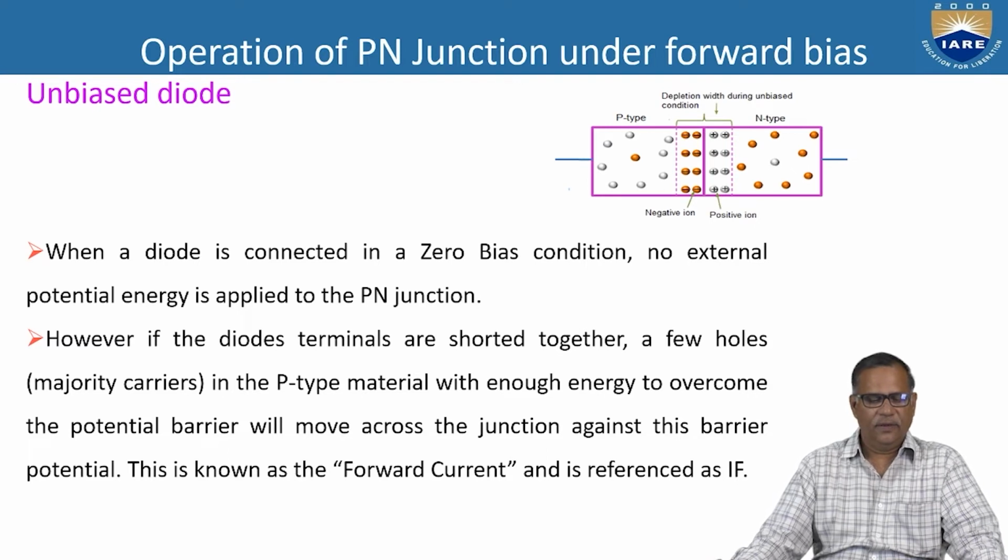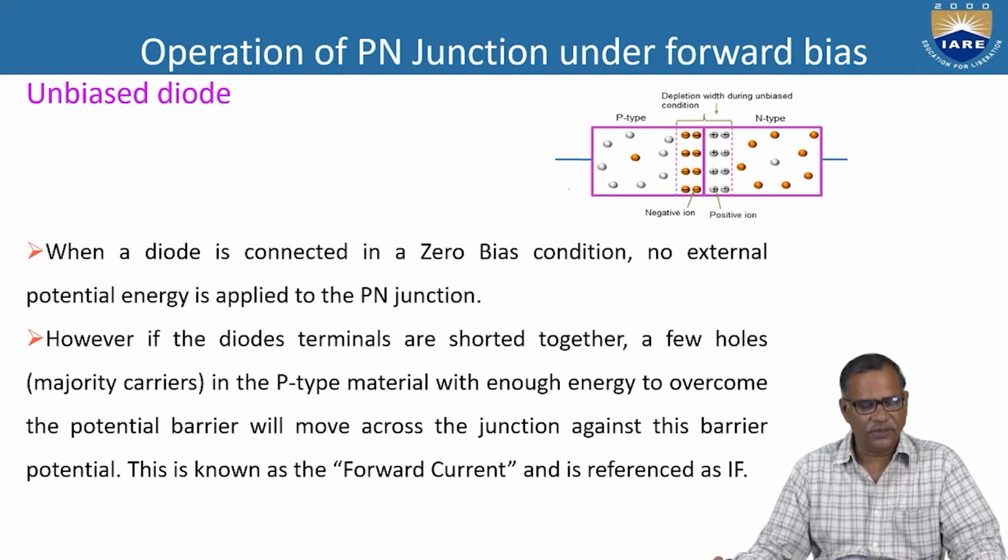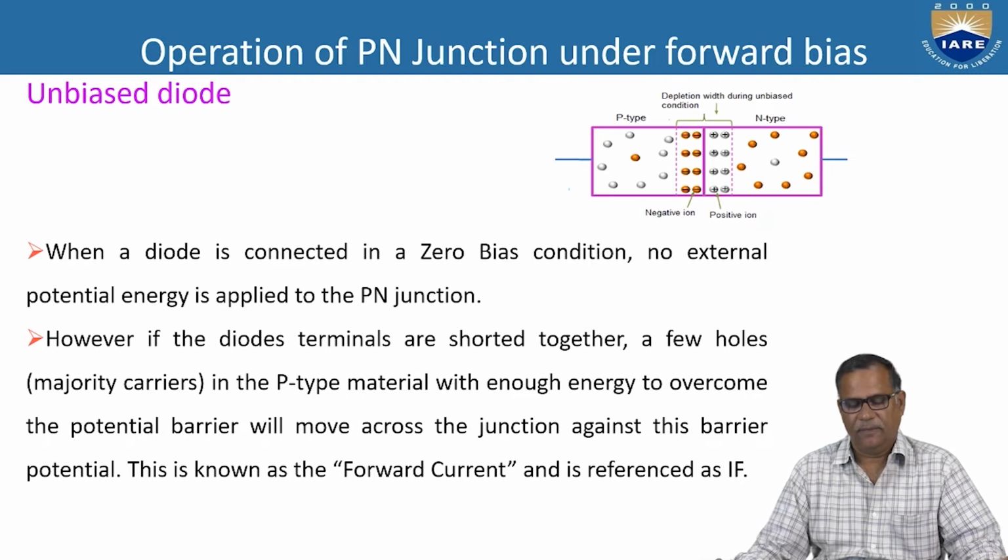But if the diode terminals are shorted together, a few holes from the P-type material have the energy to overcome the potential barrier and move across the junction. This is called the forward current.